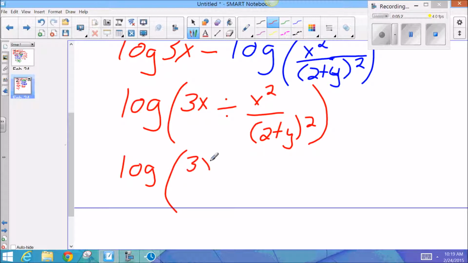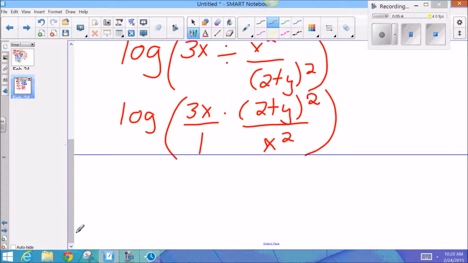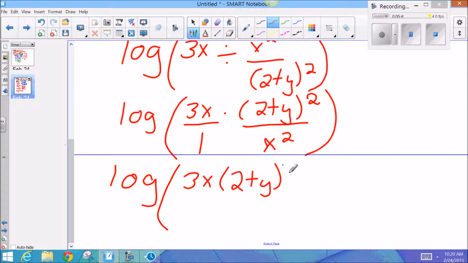So it's 3x over 1 times 2 plus y squared over x squared. Okay, log of 3x times 2 plus y squared over x squared. All right, and I can cancel an x out of top and bottom of that fraction.